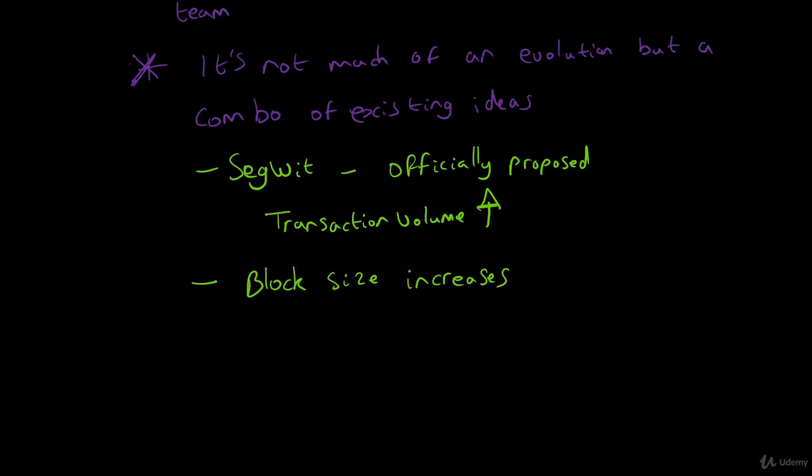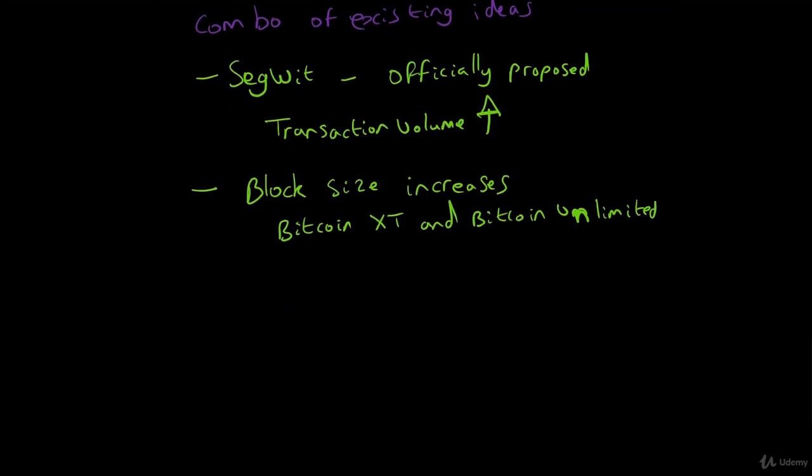Alternatives such as Bitcoin XT, so let me just write this down, Bitcoin XT and Bitcoin Unlimited have come from this, but none of them have received the same level of support from the community to help them grow. That's hence why you generally don't hear about them.